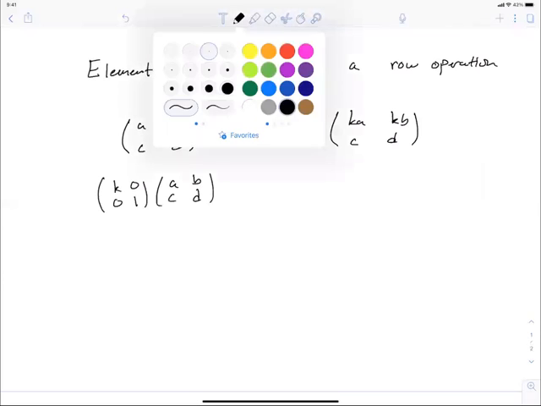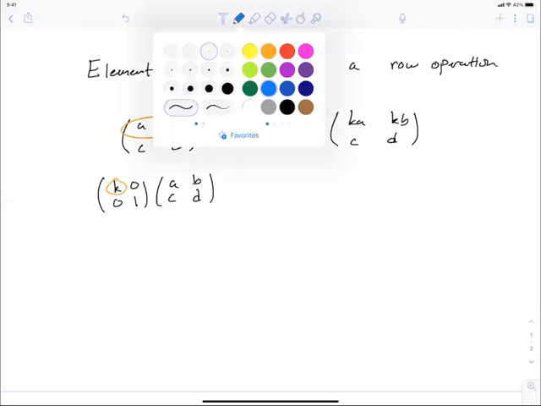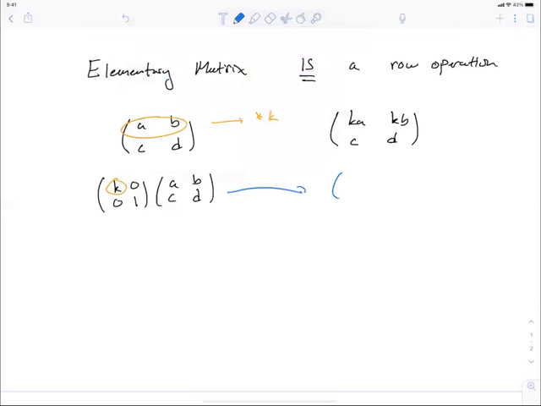So here we're changing the first row. We're multiplying it by k. So there's going to be a k in that row for our elementary matrix, and otherwise, it's just going to be just like the identity. And if we multiply this out, sure enough, we're going to get the same thing. So scaling a row is really just multiplying by the identity matrix with one of those ones replaced with the scalar in just the right row.